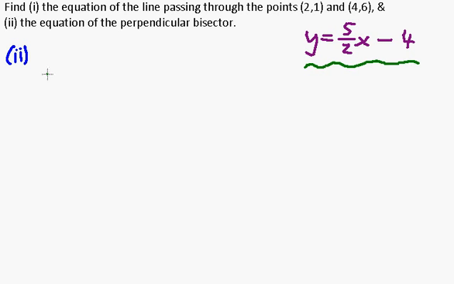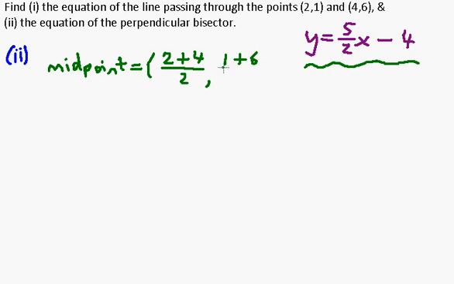The midpoint of the two coordinates is the average of the x values, so 2 plus 4 over 2, and the average of the y values, so 1 plus 6 over 2.